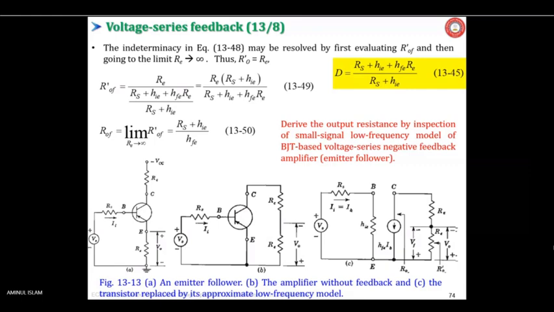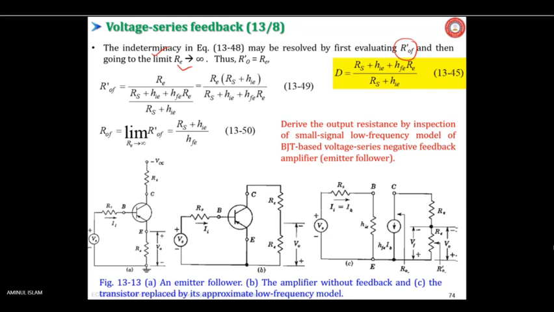So the indeterminacy in equation 13.48 may be resolved by first evaluating ROF prime and then going to the limit Re tends to infinity.